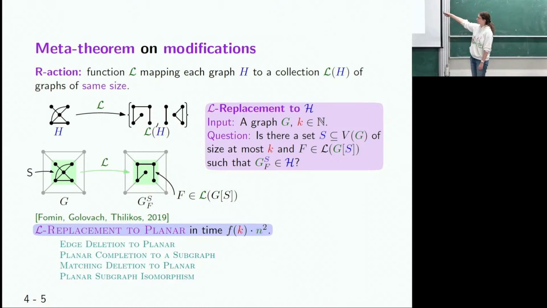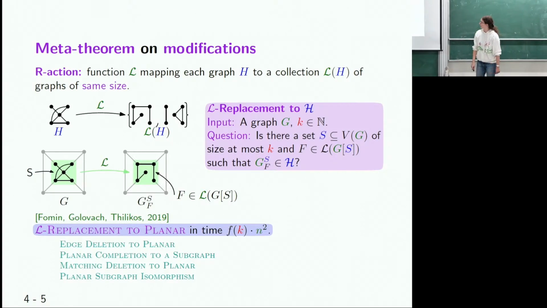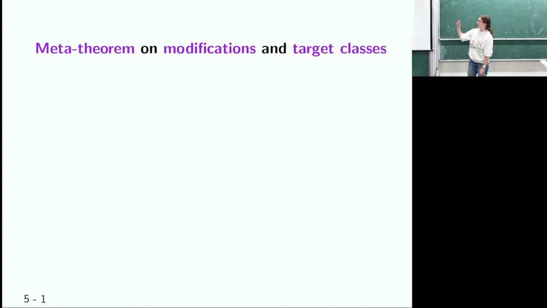So this is nice to represent a lot of problems, but here you can see that it's only problems where you add and remove edges. With this kind of approach, you cannot remove vertices or this kind of thing. And then there are super powerful meta theorems that are both on modification and target classes.